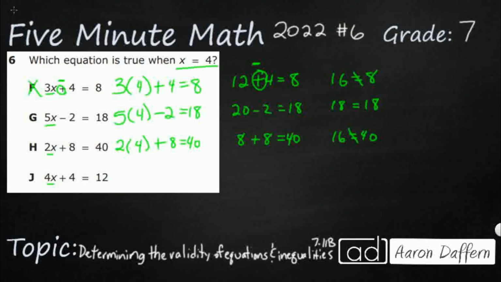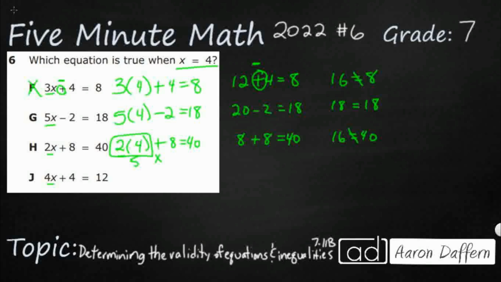Sometimes these answers are close if you just do one thing incorrectly. If we could have turned this into a 5 somehow, and then multiplied it by 8, we could have gotten 40.